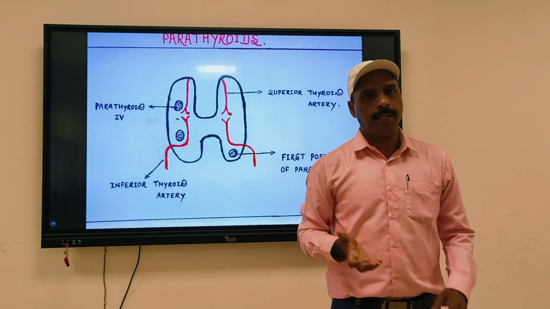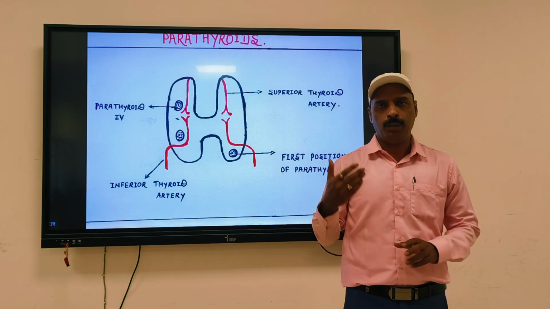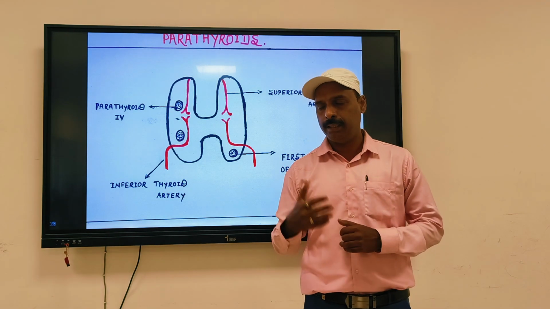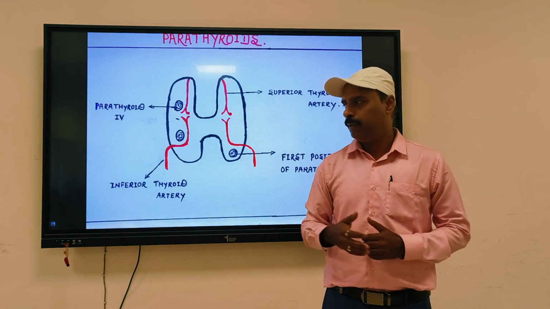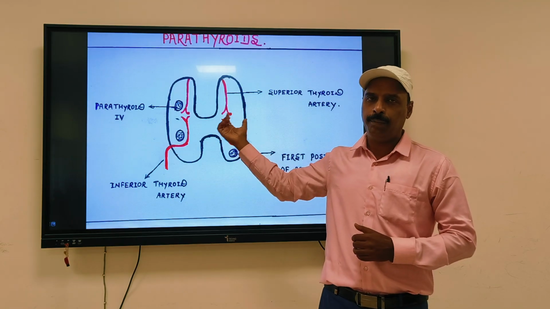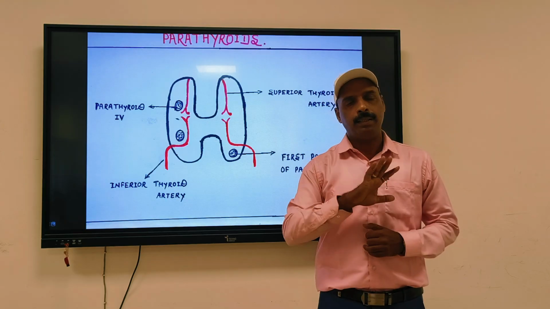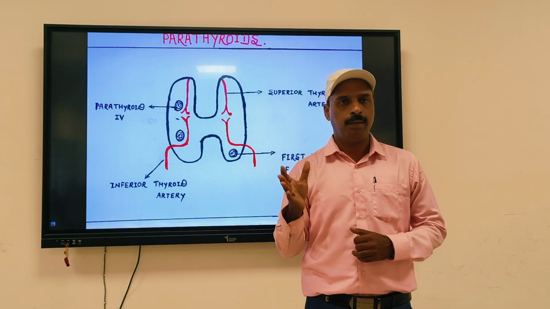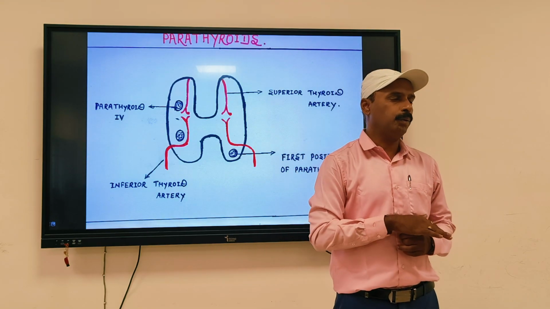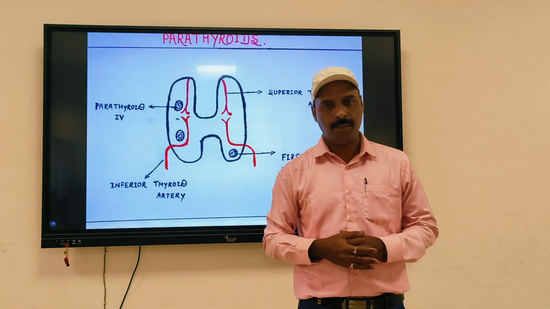So location is very important, because when a surgeon is going to do a thyroidectomy, when there is a goiter or tumor, we may, by chance, remove the parathyroid also. Then we are totally disturbing the calcium metabolism, because both glands, which act in opposite ways, are lost.